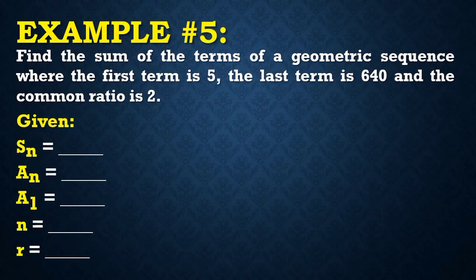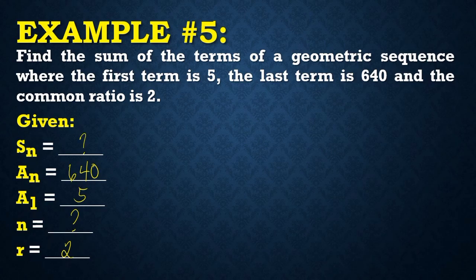So S sub n, yun ang nawawala. And then A sub n, that is the last term, which is 640. A sub 1, that is the first term, 5. And yung n natin dito is nawawala, na kailangan muna nating hanapin para makuha natin yung S sub n. So, then yung common ratio din natin is given, which is 2.